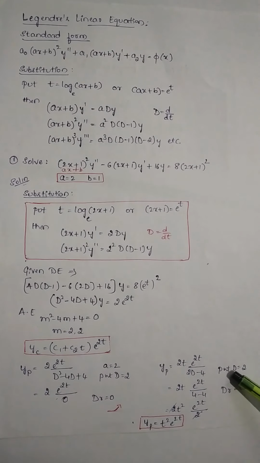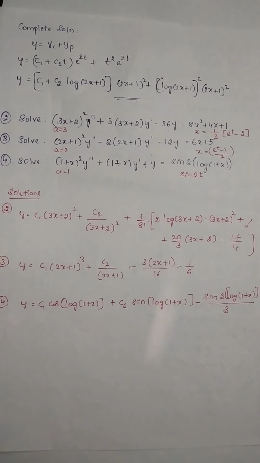Again putting D = 2, you get the denominator equal to 0, so taking one more pre-multiplier t, 2t becomes 2t², e^(2t) as it is, and the derivative of 2D − 4 is 2. After cancelling 2, you can easily write yp = t² e^(2t).